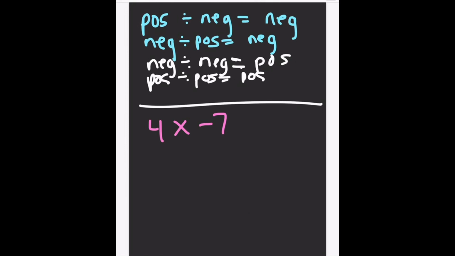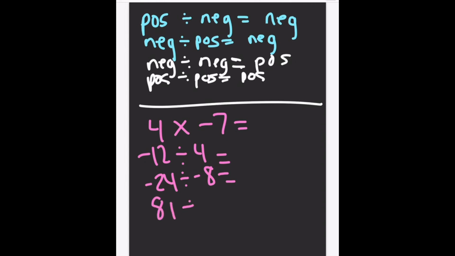And let's do 2 division problems: -12 divided by 4, and -24 divided by -8. And let's do one more: 81 divided by -9. Pause this video and try to go over these 4 problems. One of them is multiplying, and 3 of them are dividing.